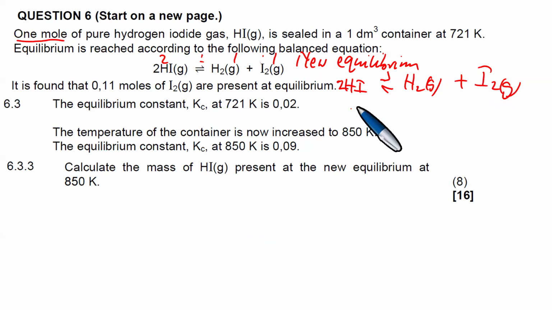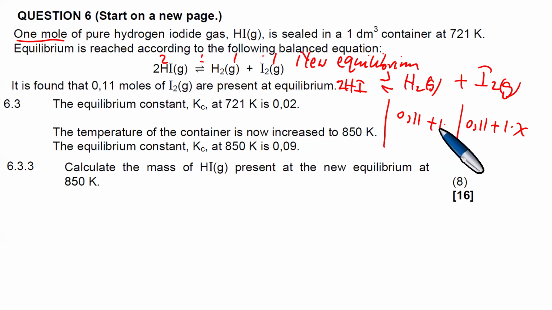So I'm looking at the new equilibrium. At the new equilibrium, there's going to be 0.11 plus 1 times x. The 0.11 is from the previous concentrations at 721 Kelvin. And then we have 0.78, and then we minus 2x.